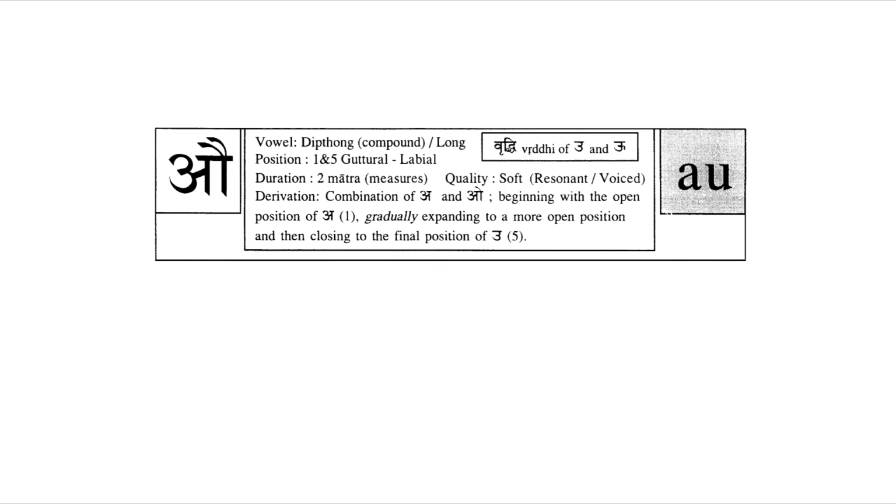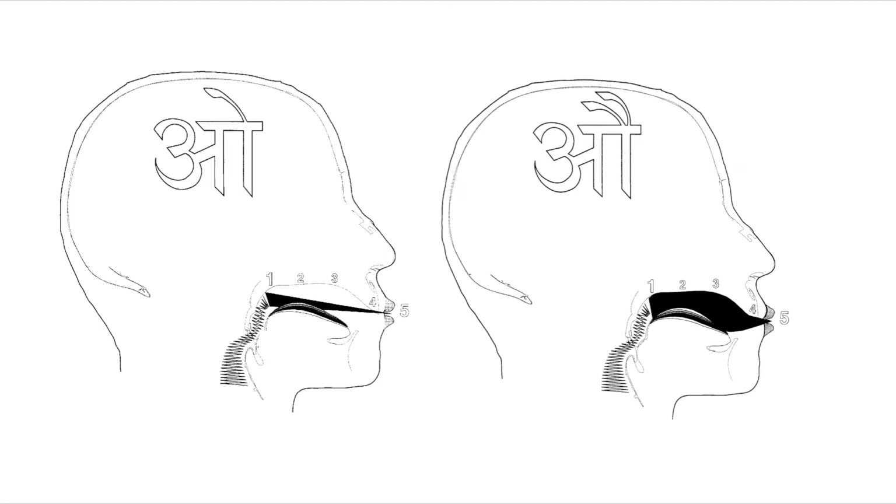What's the difference between O, the guna form, and ao, the vriddhi form? The guna form, O, is a direct triangle, a direct closing from position 1 down to position 5, whereas ao, the vriddhi form, combining the exact same mouth positions 1, A, and 5, u, before closing from 1 to 5, expands wider first.